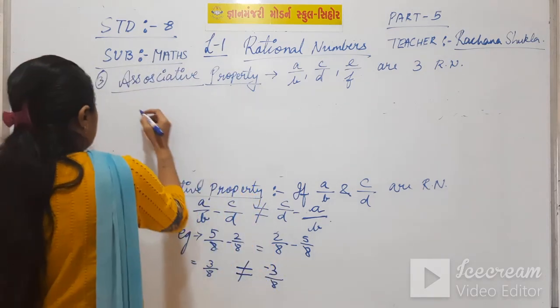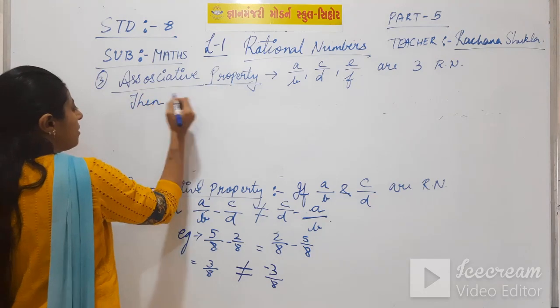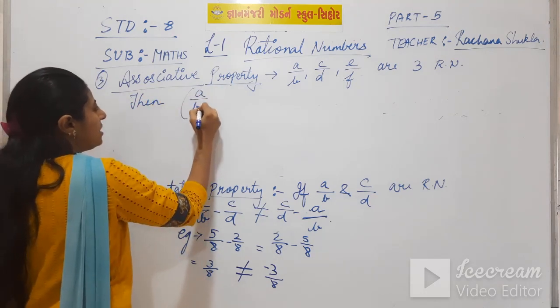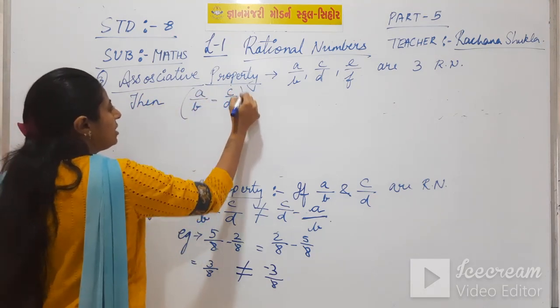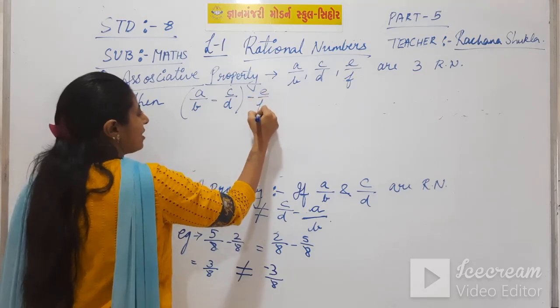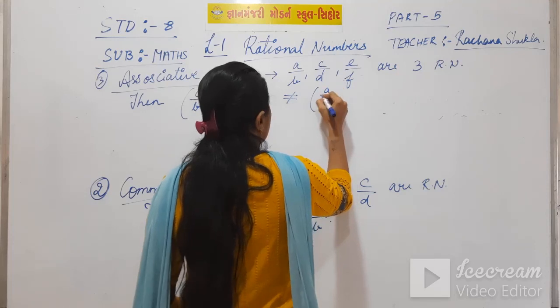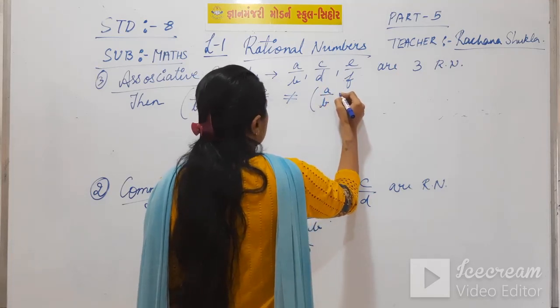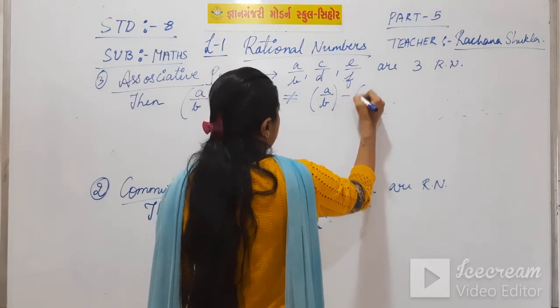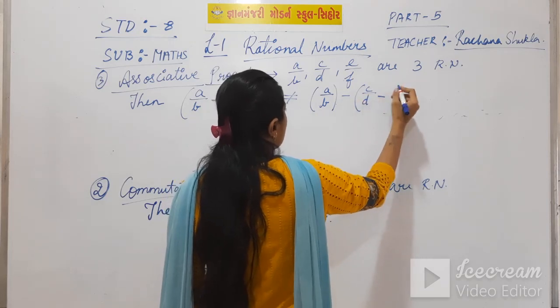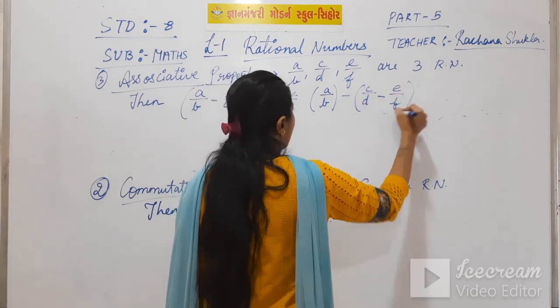Then a upon b minus c upon d minus e upon f is not equal to a upon b minus c upon d minus e upon f, with the grouping changed.